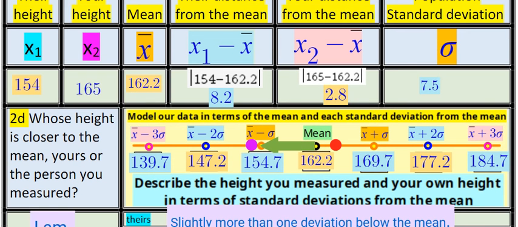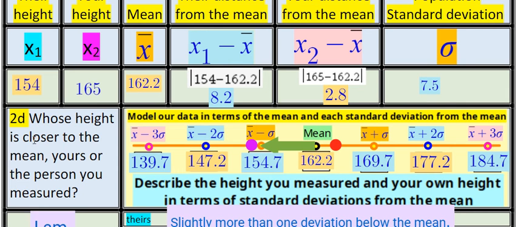So I think some people might have gotten caught up in, how are they going to word this? What wording do we need to use? The focus for this is to just describe the mean and where your data point is by using standard deviations to describe it. So this arrow is one standard deviation away. Since it's to the left, it's below the mean.